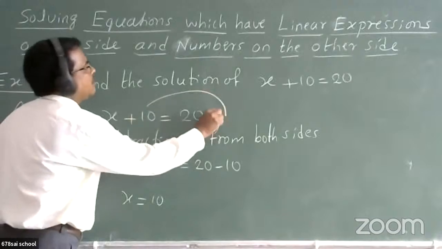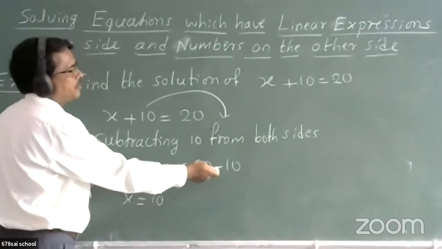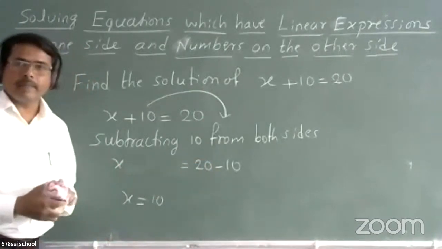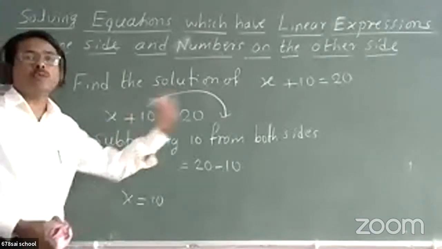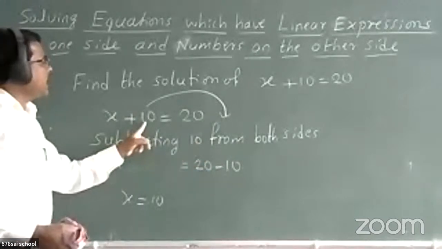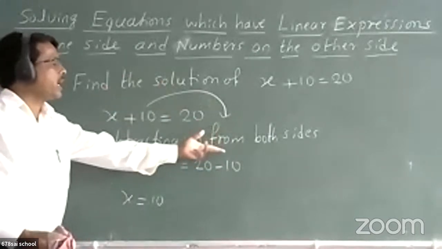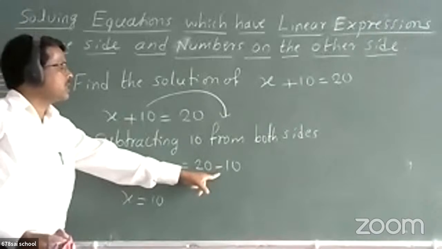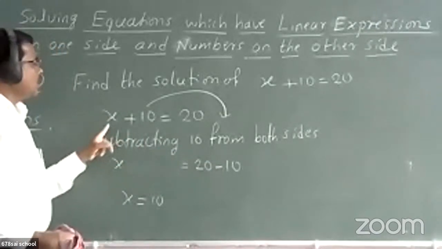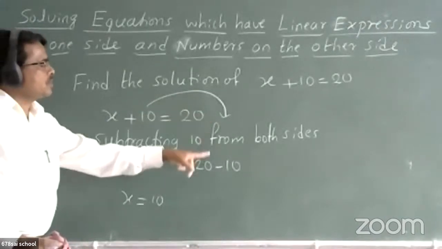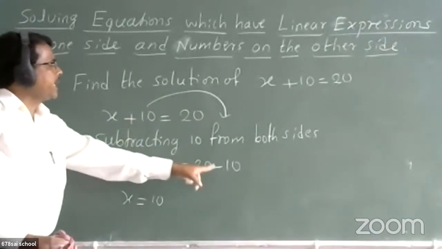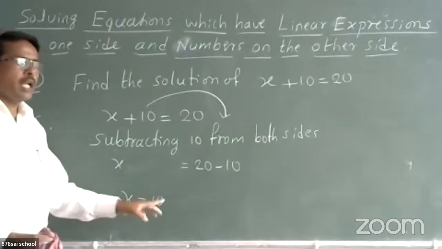This 10, when it comes to this side, has become minus 10. So this is the second method. First one by balancing. Second method, transposing. 10 is transferred to the right hand side. So plus 10 becomes minus 10. So you don't need to write this subtracting. You can transpose this. Plus becomes minus. So x equal to 10.